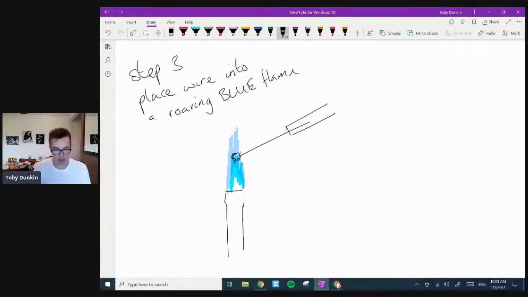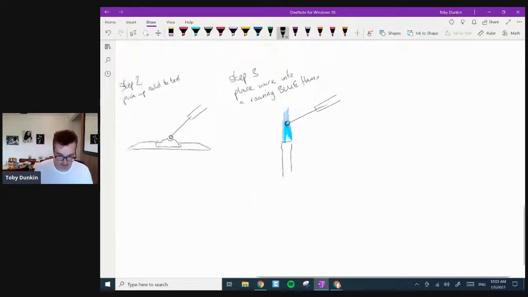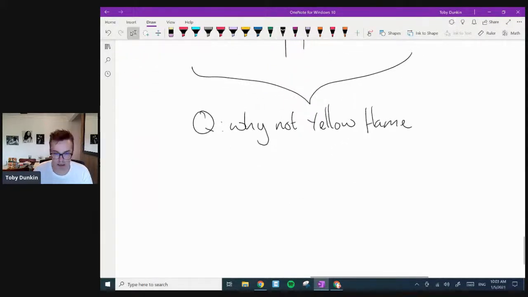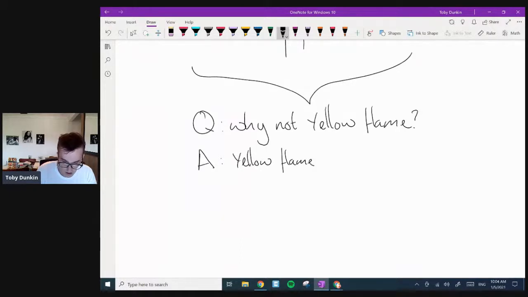The reason for this question, why not yellow flame? The reason being is you won't be able to see the color. Answer: yellow flame will mask the flame color.